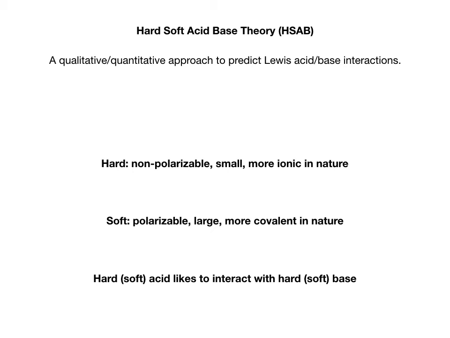That is, a hard acid prefers to interact with hard base, and vice versa, and a soft acid prefers to interact with soft base, and vice versa. So this gives you a very simple and straightforward way to predict relative interaction magnitude of different Lewis acid-base pairs if you know whether those Lewis acids or bases are hard or soft.